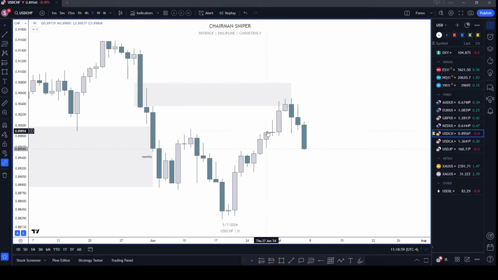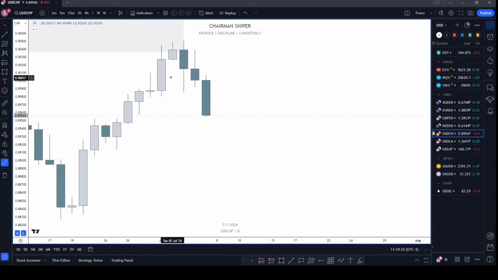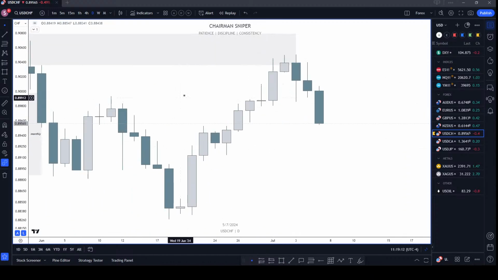So this is where you would require more confirmation on your entry, simply because if you look at this on the daily, you can see that we are reacting to this, but not to the fair value gap because we did not close inside of it, right? Then we practically reacted to this candle's high, right? Then we reacted to this candle's high, which means that price could be moving lower.